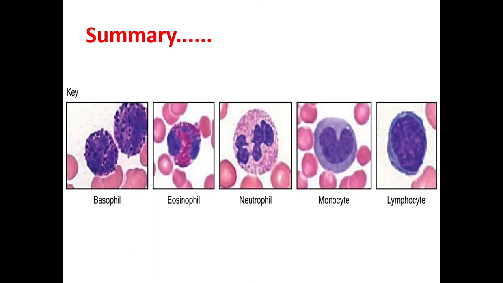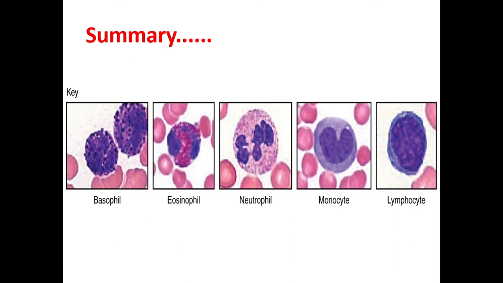As a summary, we have the granulocytic cells and the agranulocytic cells. So again, for the granulocytic cells, we have the basophil, the eosinophil, and the neutrophils.